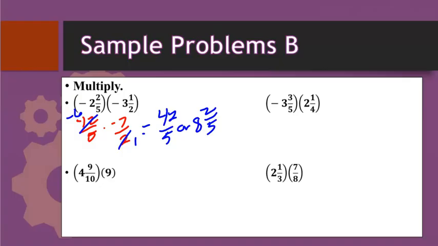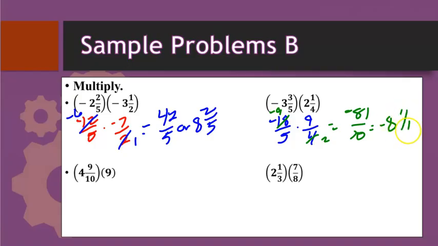Next, we got negative 3 3/5, which would be negative 18/5 times 9/4. I have 2 as a common factor here, so that would be 2. This would be negative 9. Negative 9 times 9 is negative 81, divided by 10. No common factors amongst them, so this would be a negative 8 1/10.